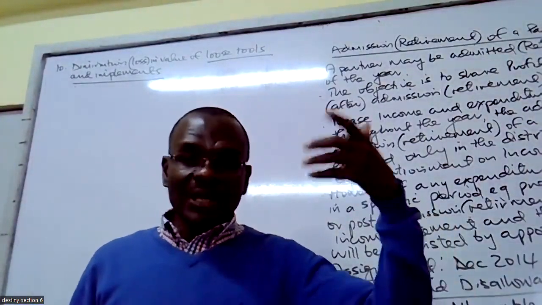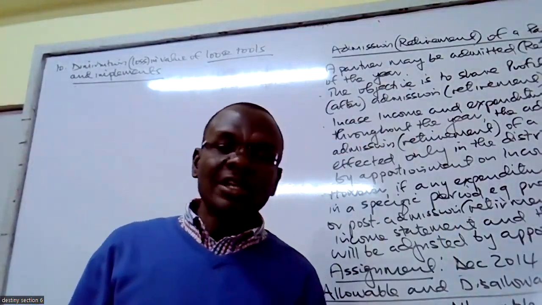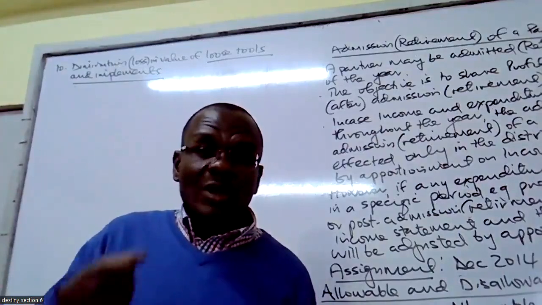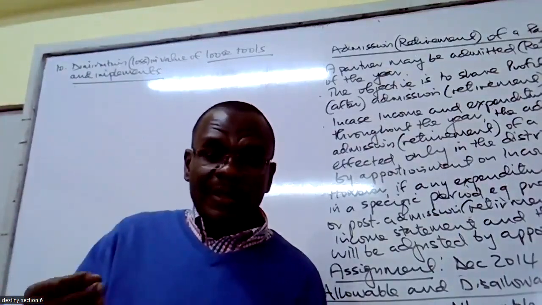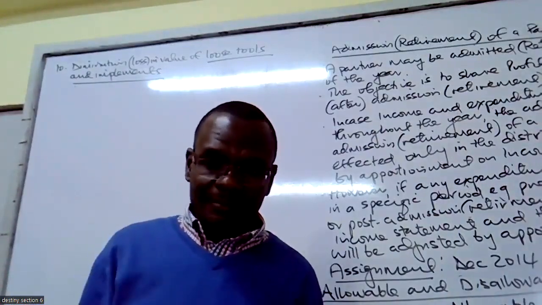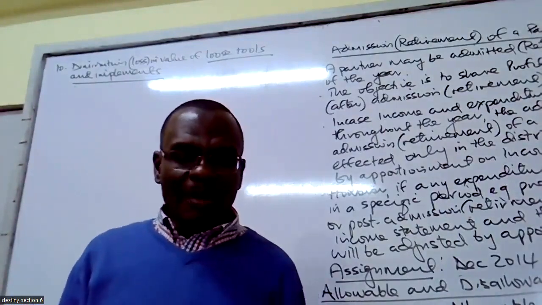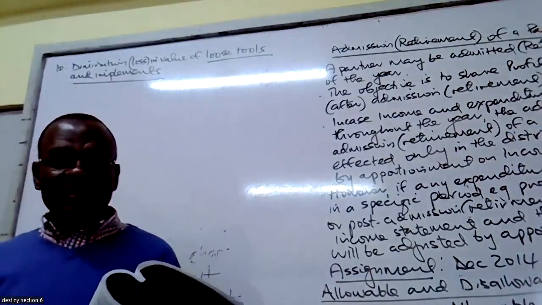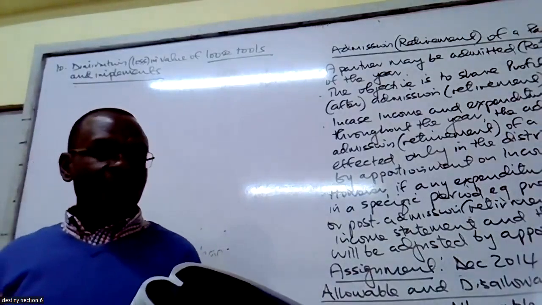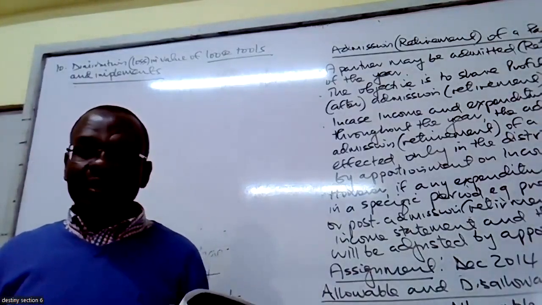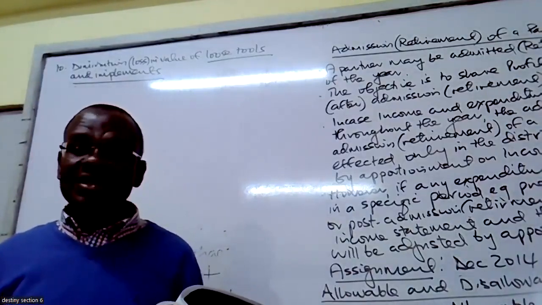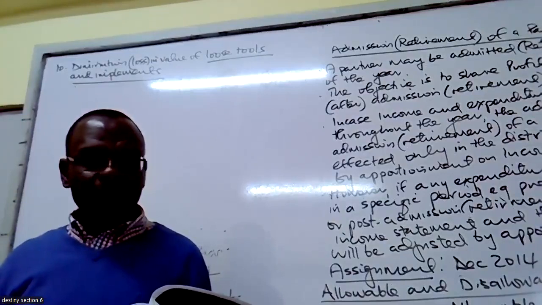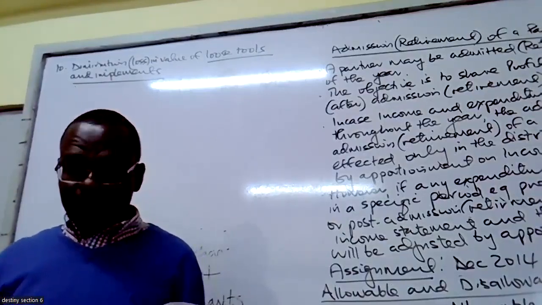Number 14 is related to the other three. Now, this is contribution not to a research institute, but to an educational institution, research in a university. So the amount of contribution to a university or research institution approved by the Commissioner for Scientific Research, like University of Nairobi, or AMREF.